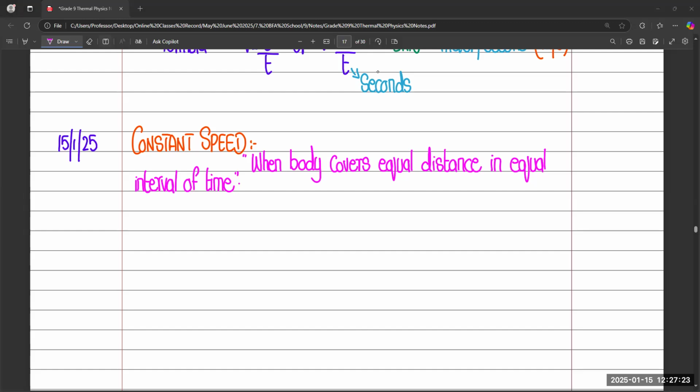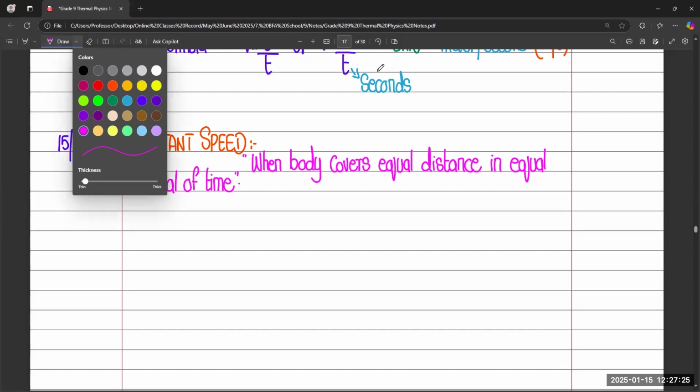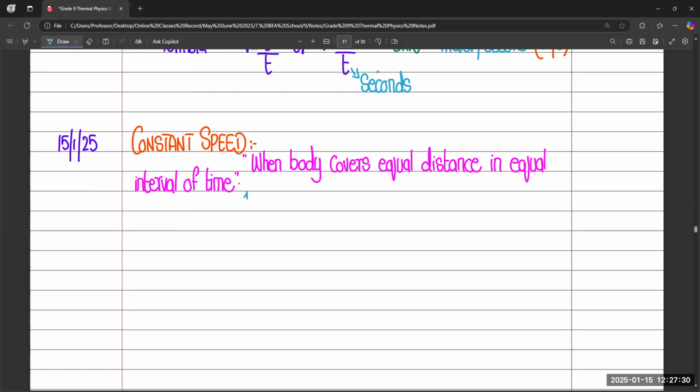For example, if we consider some values, let's suppose in the first minute, the body covers 2 meters.